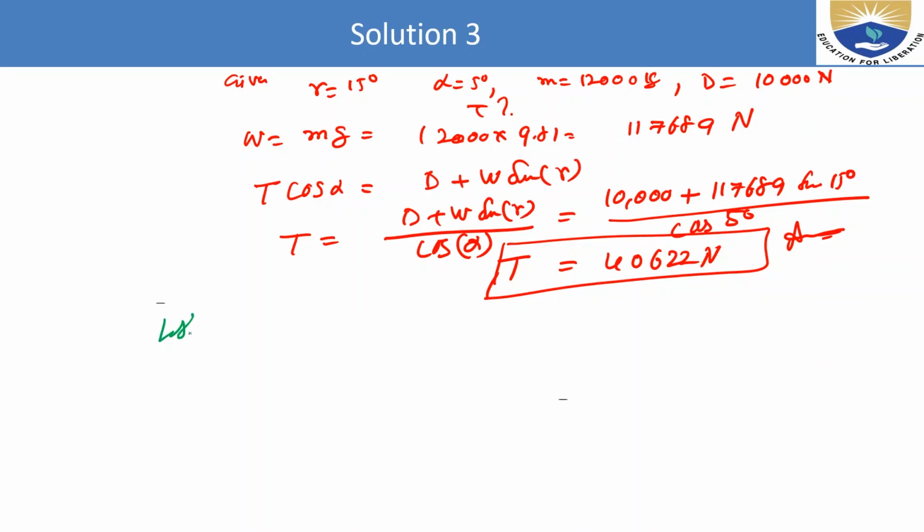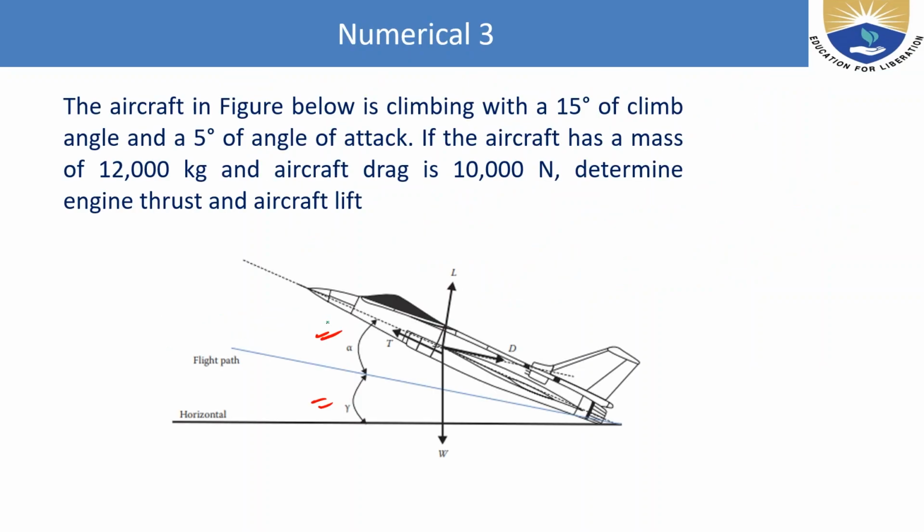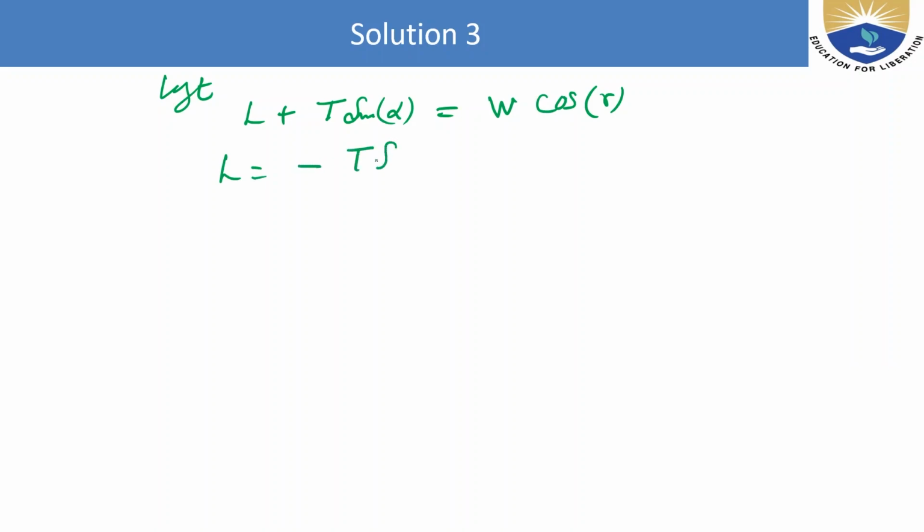Lift of aircraft. So here we will see the lift. And we know L plus T sin alpha is equal to W cos of gamma. So now lift is equal to minus T sin of alpha plus W cos of gamma.